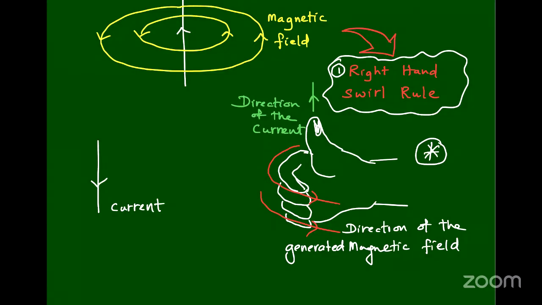The thumb gives us the direction of the current, so the other four fingers will be bent the other way around. So the magnetic field will be generated like this. That is the magnetic field direction.